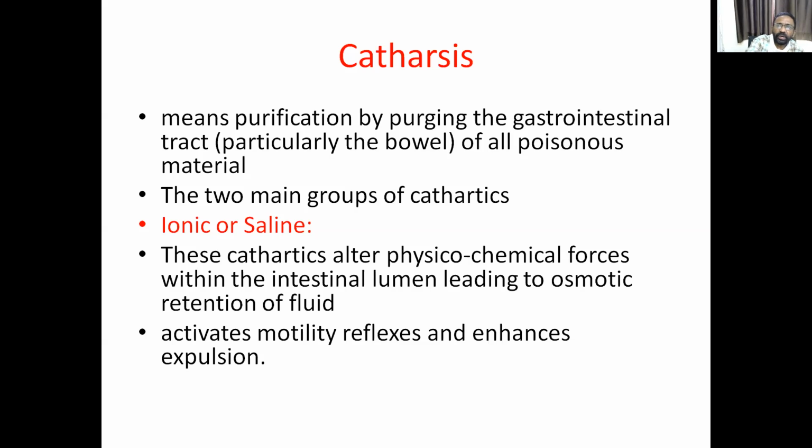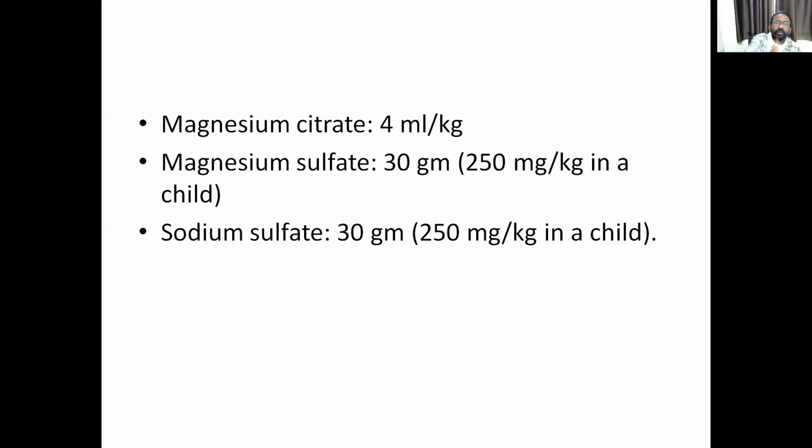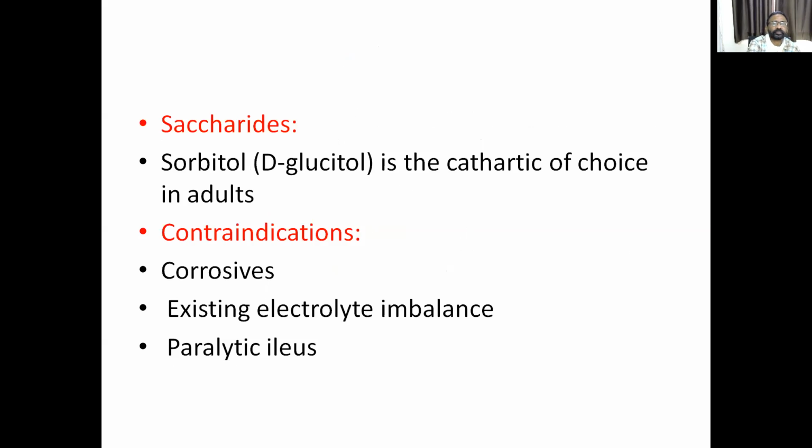So normally we should use ionic or saline cathartics. Those are magnesium citrate, magnesium sulfate, and sodium sulfate. Saccharides can also be used as cathartics. Sorbitol is the cathartic of choice in adults.